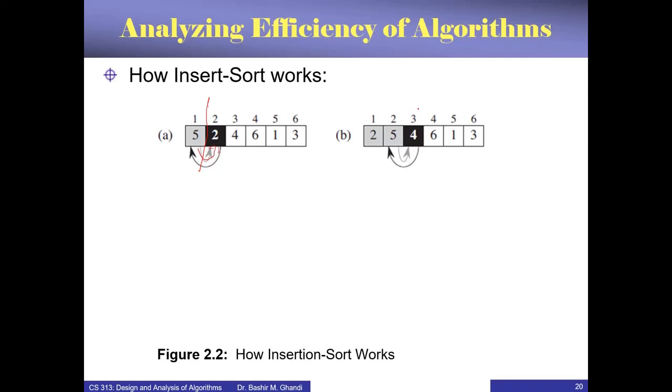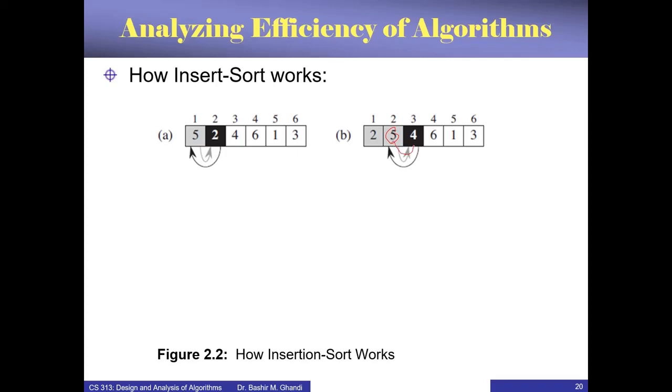Next, we go back and pick the next value of j, which is 3. So the concerned element here is 4. Again, the idea is to insert this 4 in the correct place in this sorted list. And that's what the inner loop will do. We start by checking, is 5 greater than 4? Yes, it is.